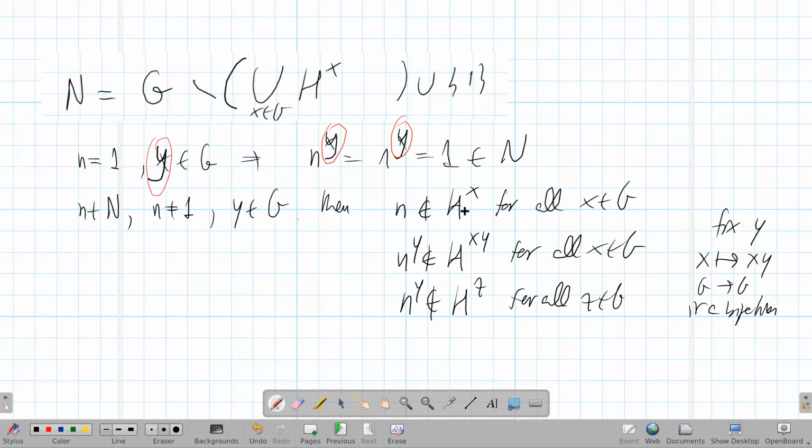So N is a normal subset, and the claim, which will be proven tomorrow, is that N is a subgroup. And thus, it's the required Frobenius kernel.